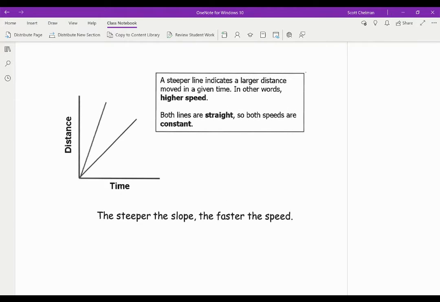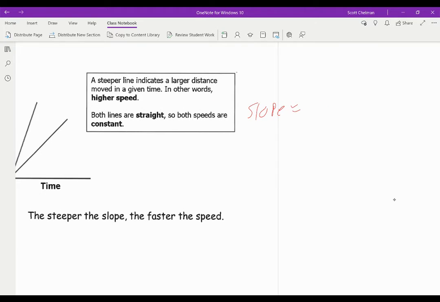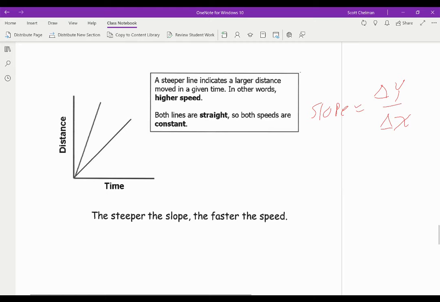But what I do want to remind you all of is slope is equal to, we said, the change in y divided by the change in x, right? So if you have the slope for this line, which is the change in the distance divided by the change in the time, distance divided by time is what value? Speed.